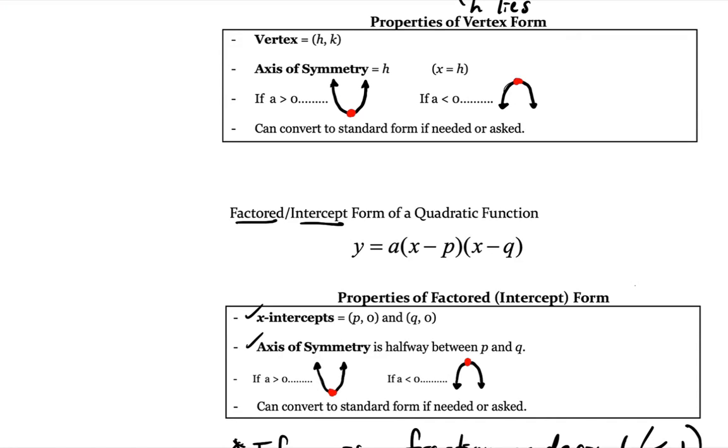So look at A. If A is positive, arrows are going up, so it has a bottom, a minimum. If A is negative, arrows are going down, so it has a top, a maximum. Okay. Max, min.